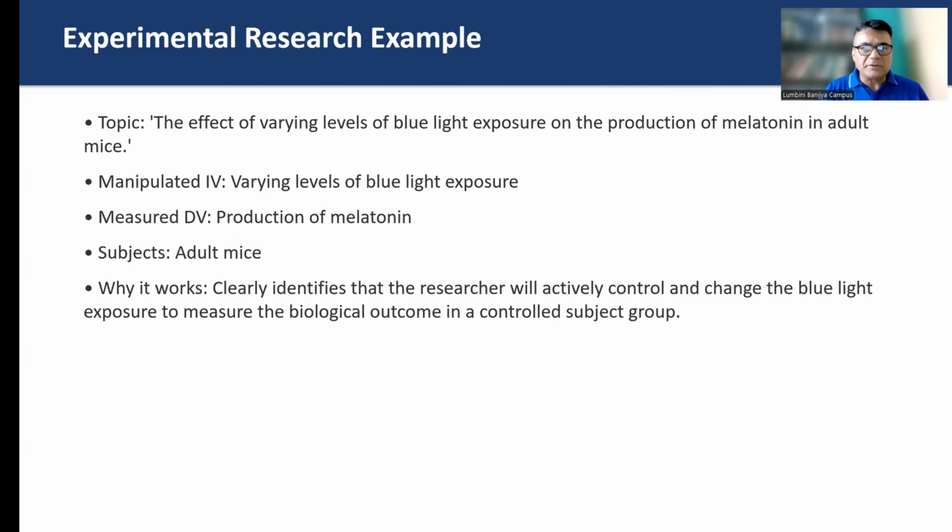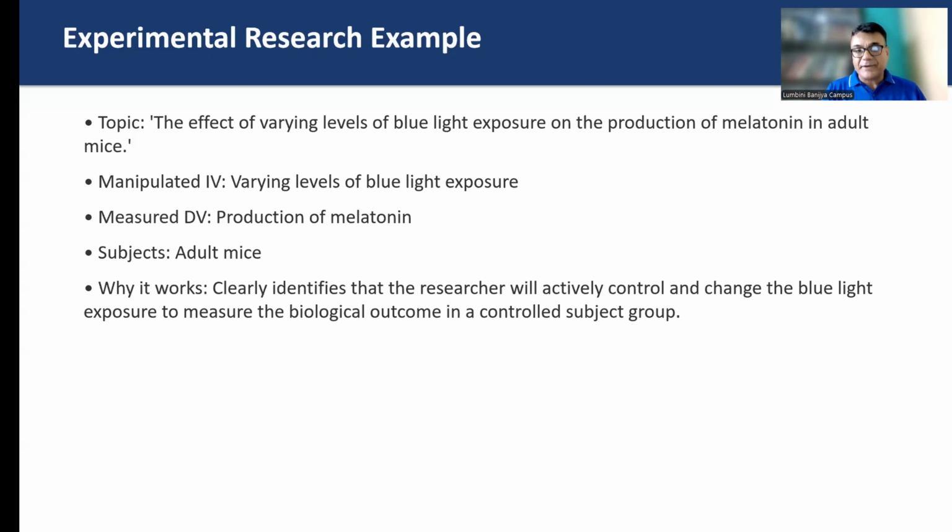So your manipulated variable, the independent variable, is the varying level of blue light exposure to the mice. And the measured dependent variable is the production of melatonin in the adult mice. And the subject is the adult mice.